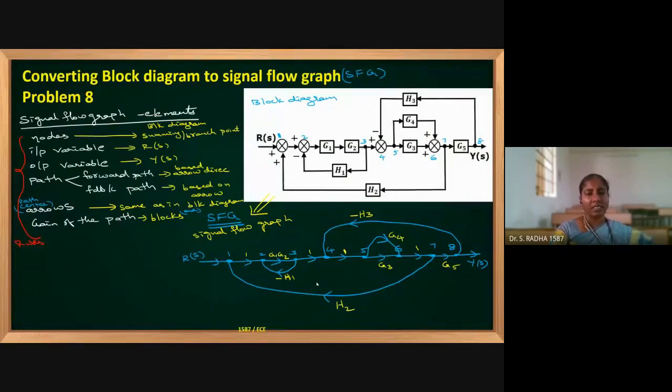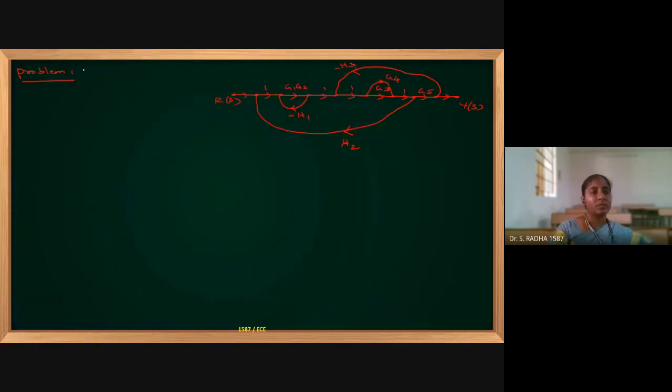Now I will take this signal flow graph alone in the next slide, and explain how to calculate the transfer function using Mason's gain formula. Solution: find the transfer function from the given signal flow graph. Now step 1, number of forward paths.